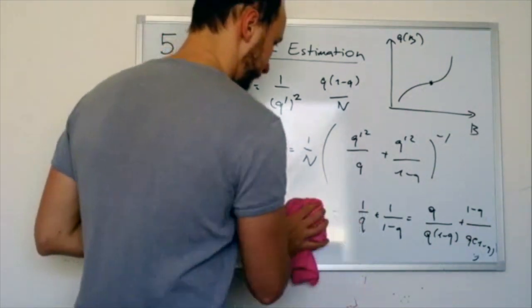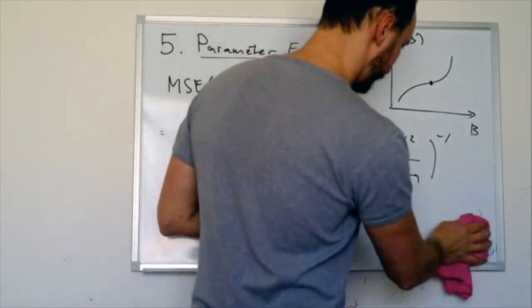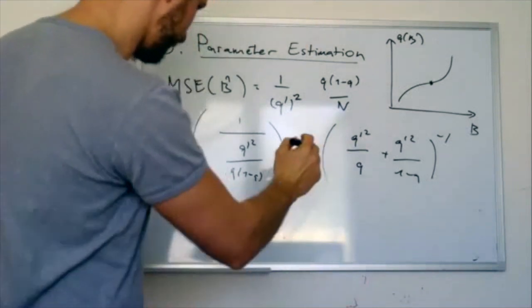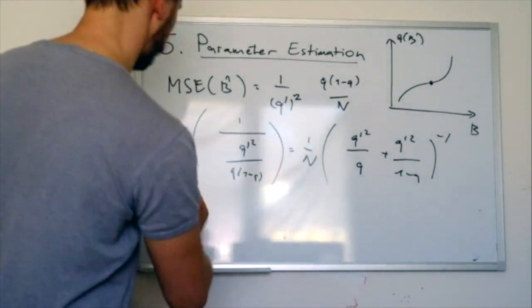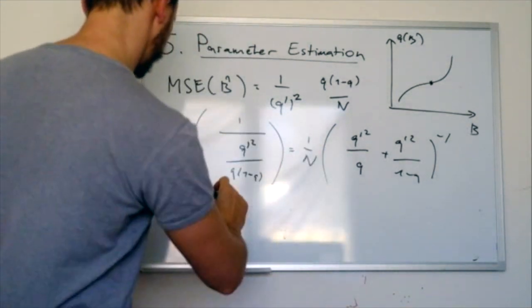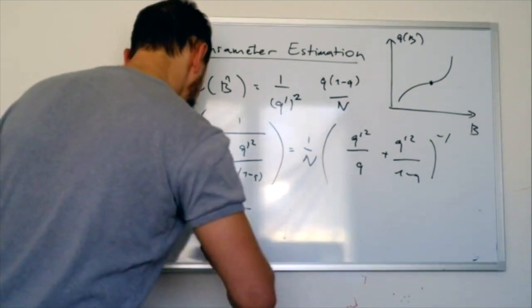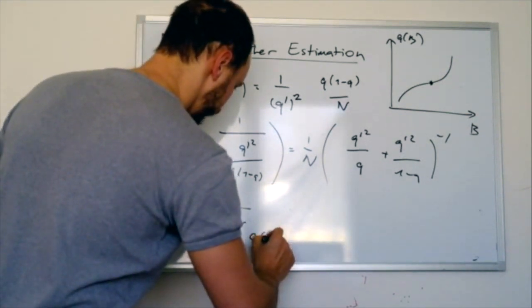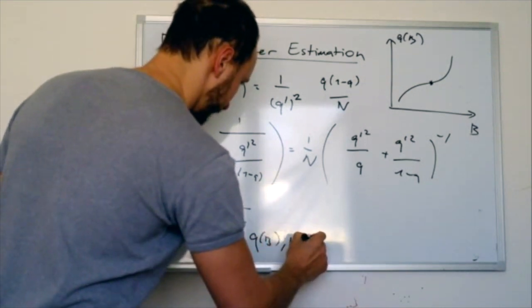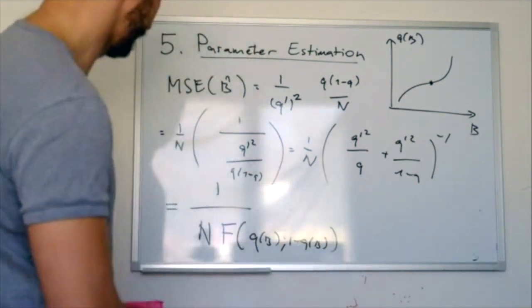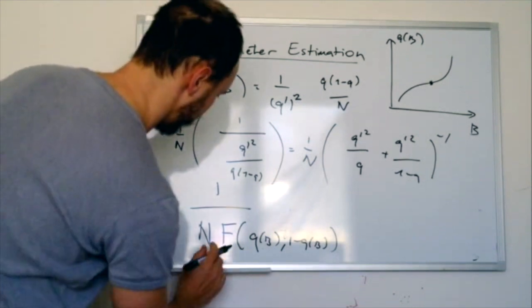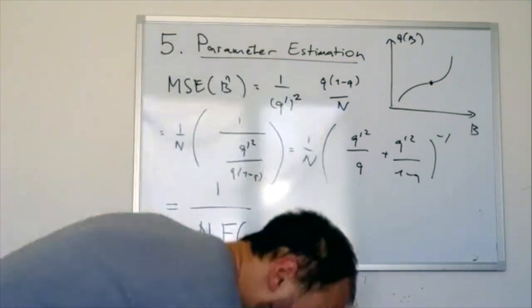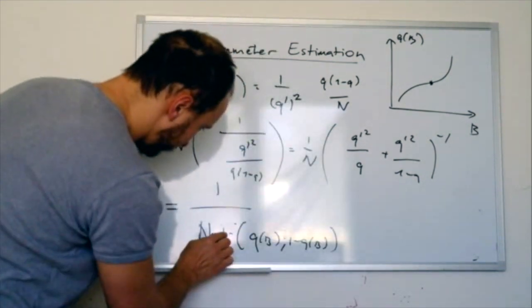Why am I writing this? Because it's important for the next thing. So what we have is that the mean squared error is given by 1 over n times the Fisher information of the distribution Q of b and 1 minus Q of b. It's a bit tricky because this should be a curly F, not to confuse with the fidelity.